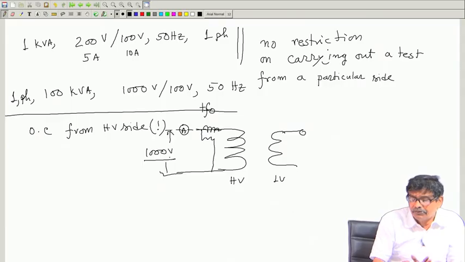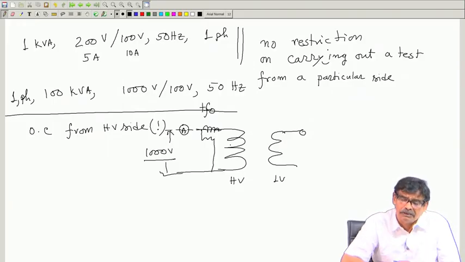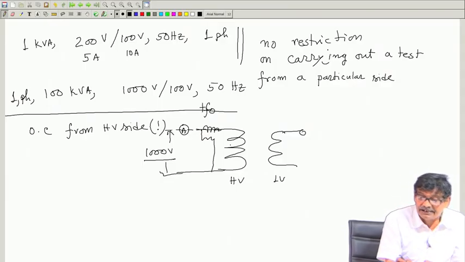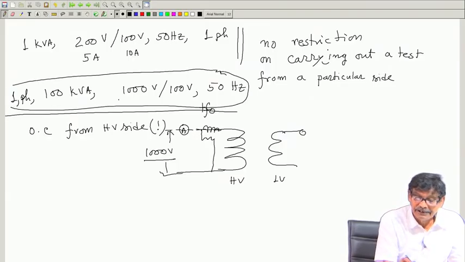Understood. So, 1000 volt you cannot apply. Similarly, you will require a pressure coil whose rating is 1000 volt. Current coil rating of course will not be a big problem, because what is the rated current? As I told you, given a rating of the transformer of this kind, what is the rated current of this side?